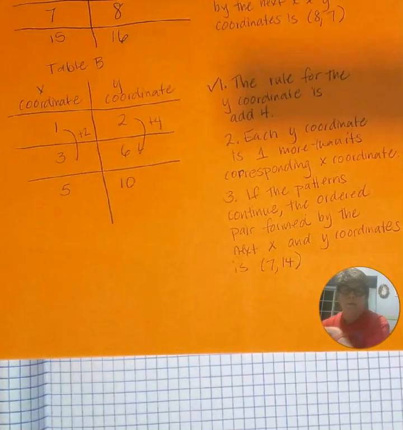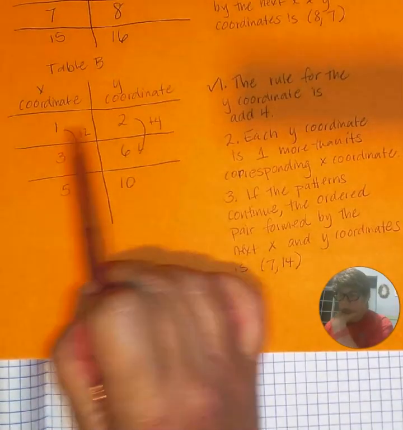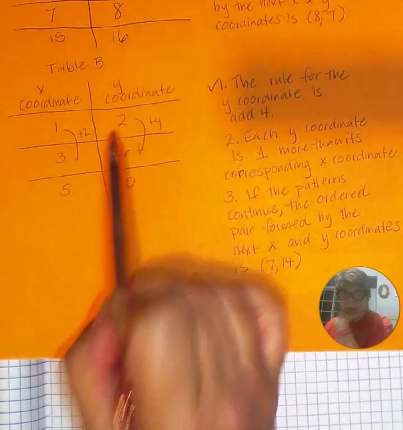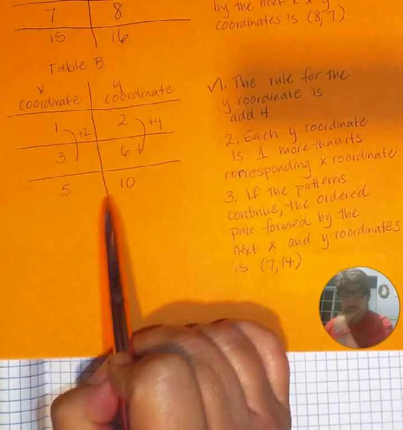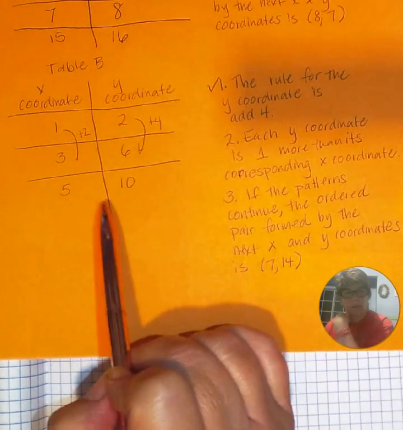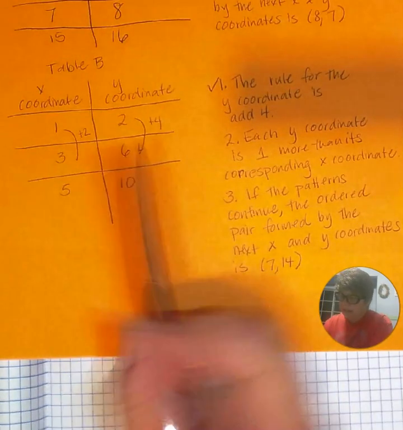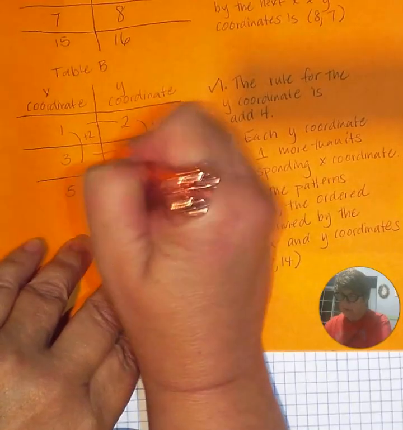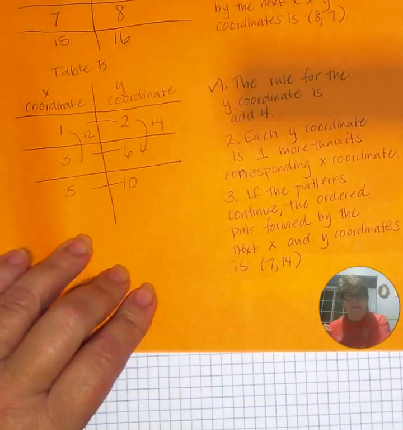Each y coordinate is one more than its corresponding x-coordinate. 1 to 2, okay, that's 1. 3 to 6, that's not 1. 5 to 10, that's not 1. And in fact, do you notice our pattern is not the same for all of our corresponding coordinates, right?